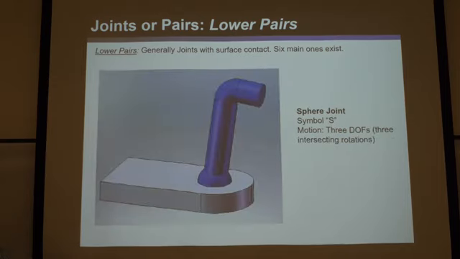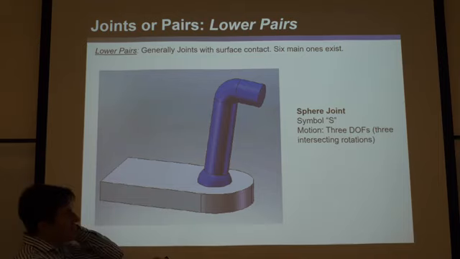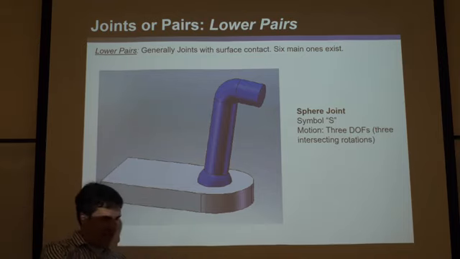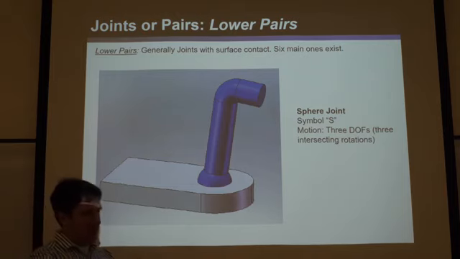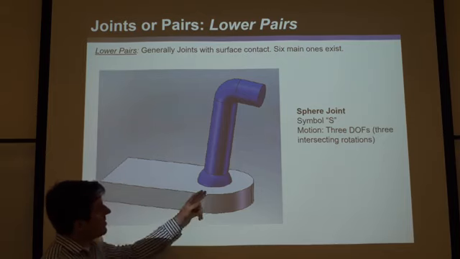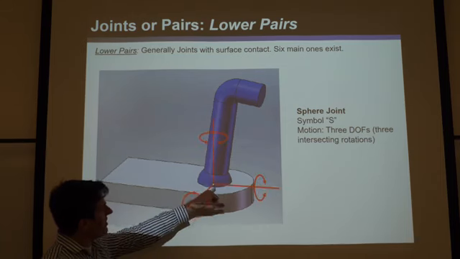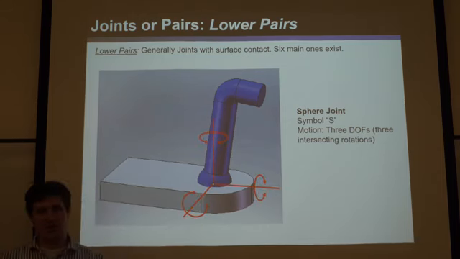All right, so here's another one. This is a sphere joint. It's called a sphere joint or S joint because it's basically a sphere in a cup. And this is obviously also a lower pair because that sphere has direct surface area contact with the entire cup. And it has 3 intersecting rotations, so it achieves 3 degrees of freedom.